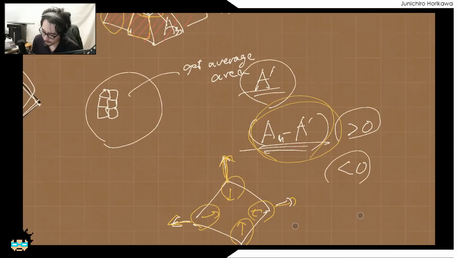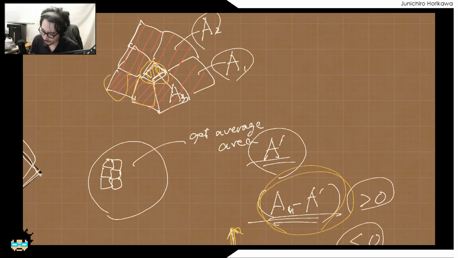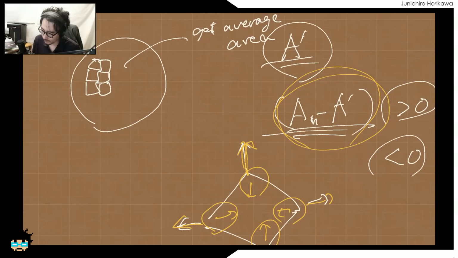The other way is to use the area, and based on the area value, move the edge point outward or inward so that all the faces share the same area. Okay, now let's do one by one.